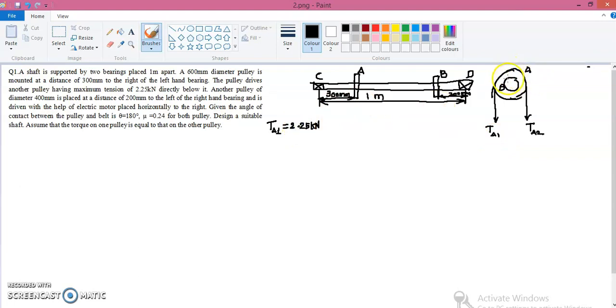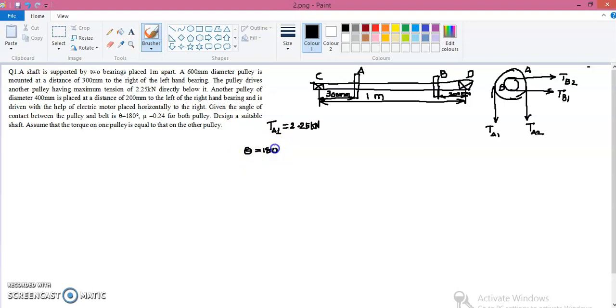Now in this pulley B, we have this force in the horizontal direction. So I'll mark it like this. It is TB1 and TB2. That means it is the tension acting on the tight and slack side of the pulley B. Now it is also given that the angle of contact between the pulley is theta equal to 180 degree.